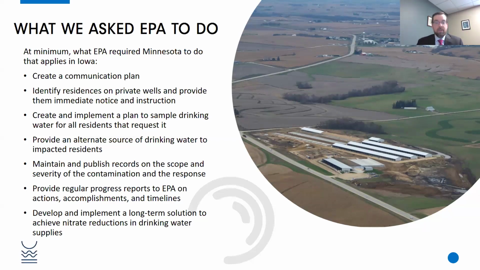We also asked the EPA to publish public records on the scope and severity of contamination and the response by the state and EPA, and provide regular updates on what's going on. Finally, and importantly, we need a long-term solution. We can't just give people bottled water and think that we're done. We need to actually clean up our polluted drinking water sources. Next slide.